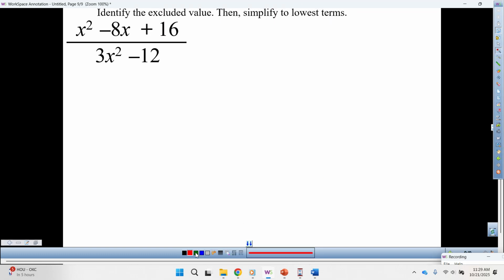All right, start with excluded value. Tell your neighbor what to write to get started for the excluded value, please. What do we write? Renzo, get us started. What do I write? 3x squared minus 12 equals 0.